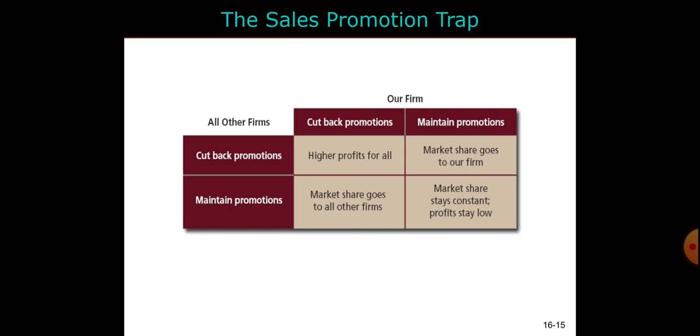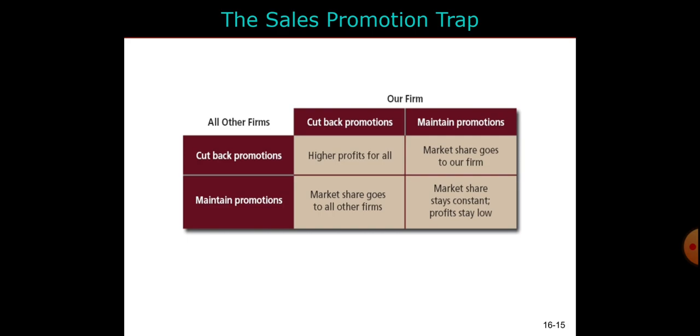Sales promotion trap. On the top you can see our firm, and on the left side you see the other firms. If our firm cuts back on promotion and the other company is also cutting back, then it's high profit for our firm as well as for the other firms.